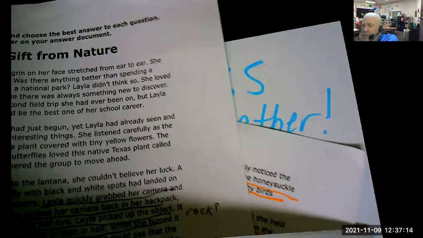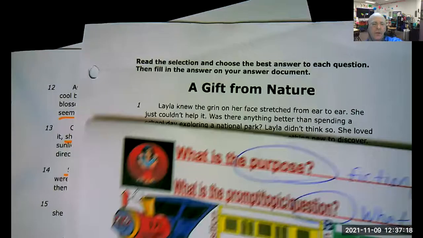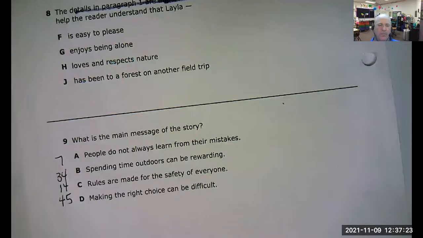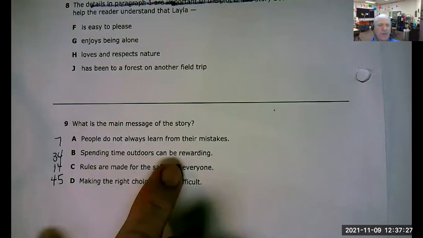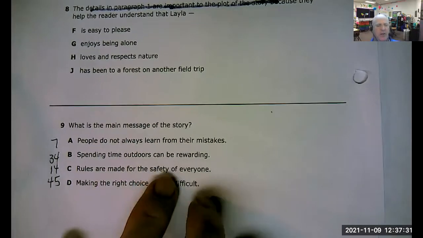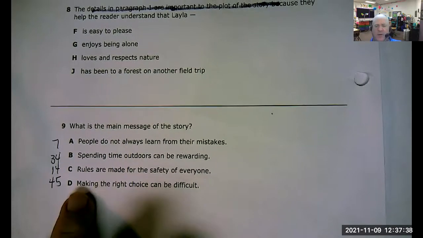So if we look back at the answer choice, it wasn't just an event with no problem. The focus wasn't on rules for safety. It wasn't about safety. It was more about integrity, about honesty, about doing the right thing. And so making the right choice can be difficult.